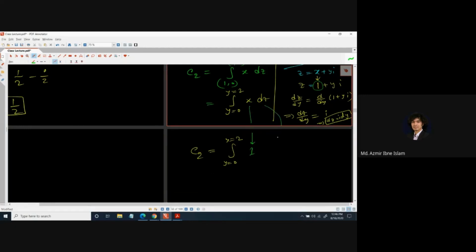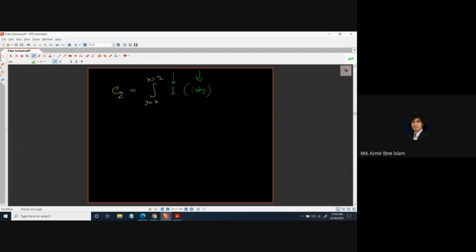And dz is found to be i dy. So finally, done. That means i is constant. Let's pull out i before the integration from 0 to 2 of 1 dy. So integration of 1 in terms of y will be y, from 2 to 0. So if we apply the fundamental theorem of calculus, we will get 2i.